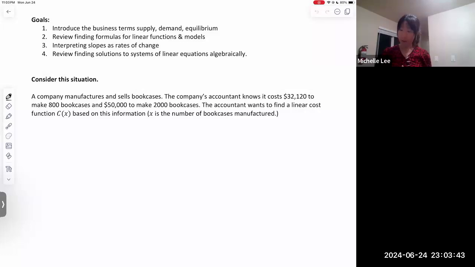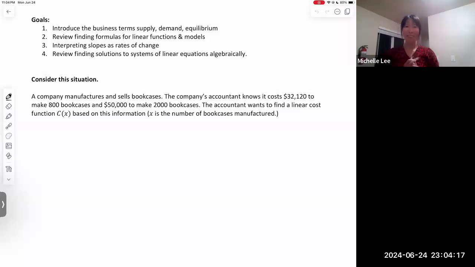The company's accountant knows it cost $32,120 to make 800 bookcases and $50,000 to make 2,000 bookcases. The accountant wants to find a linear cost function C of x based on this information, where x is the number of bookcases manufactured.